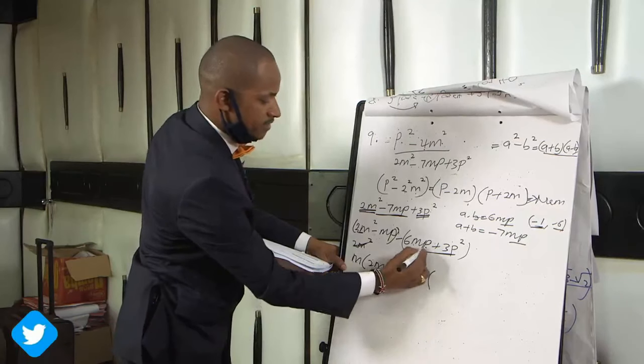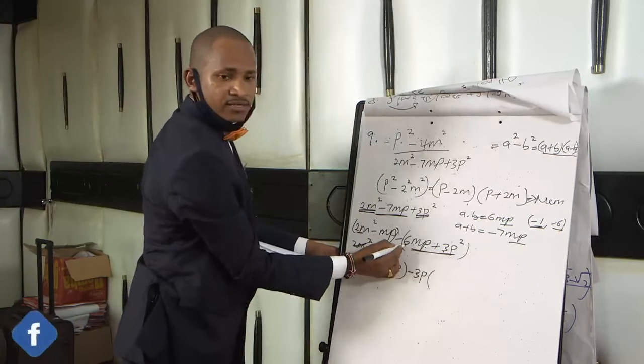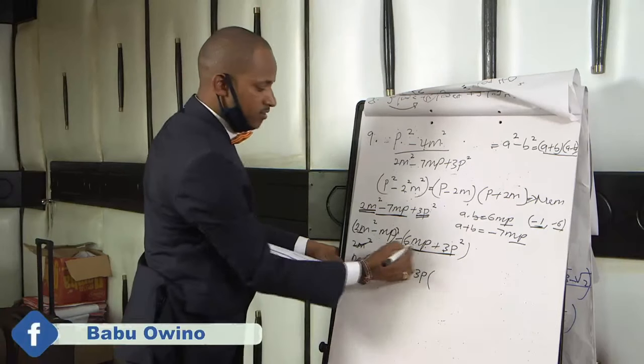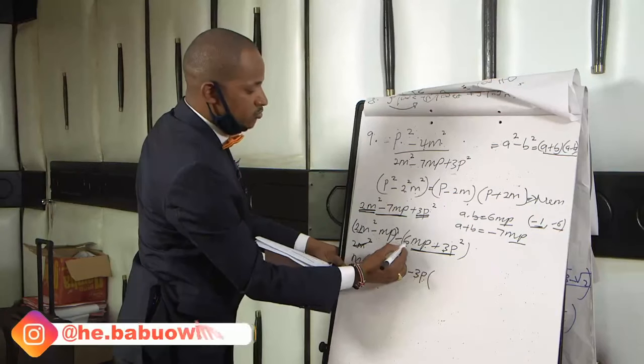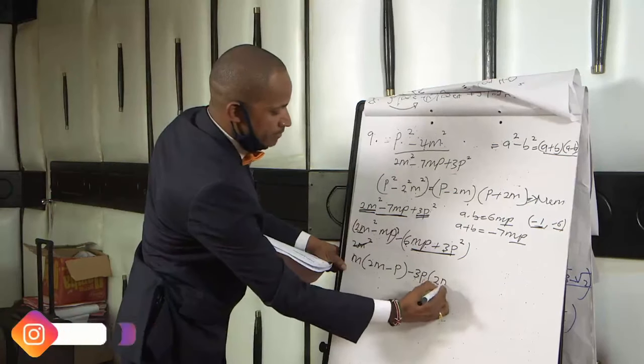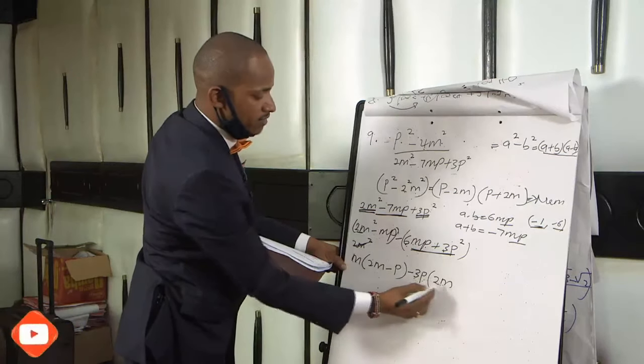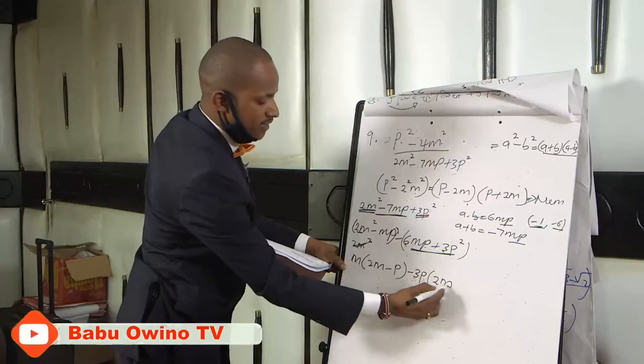P is here, p is here, 3 is here, and 6 is here. So 3 can go into 6. So what is common on this side is 3p. So 3p goes into 6mp 2m times. When you open this, it gives you 6mp.